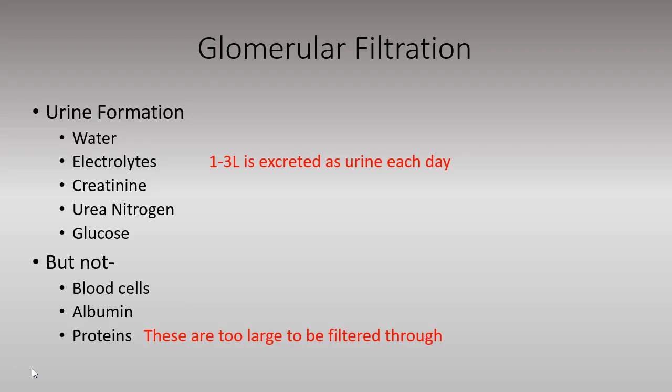A normal adult who is drinking plenty of fluids and keeping themselves hydrated will excrete 1 to 3 liters of fluid each day. If you're dehydrated, obviously that level goes down. But the glomerulus does not filter blood cells, albumin, and proteins because these are too large to be filtered through. So if you have a patient with blood, albumin, or proteins in their urine, then we know that they have a kidney problem.